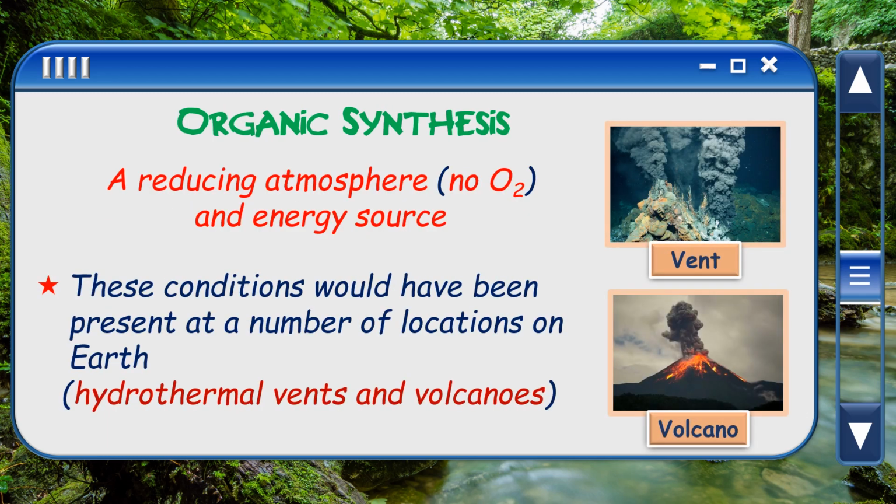Now, at the beginning, where there was no experiment, where were these non-reducing conditions coming from? This non-reducing atmosphere, where there was no oxygen and energy sources, it is believed that this condition might have been present in a number of locations on the Earth.